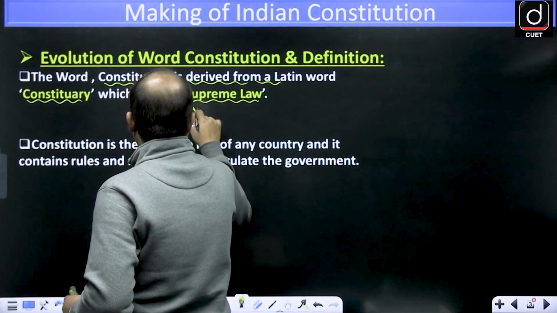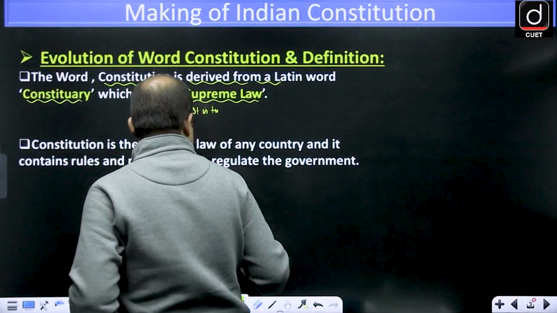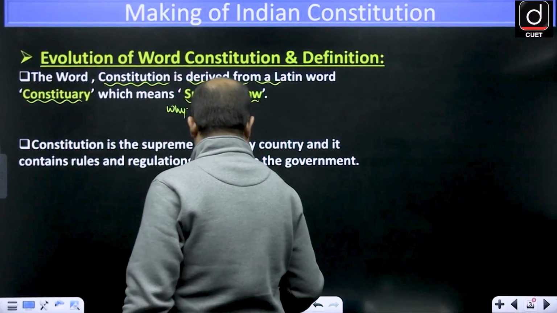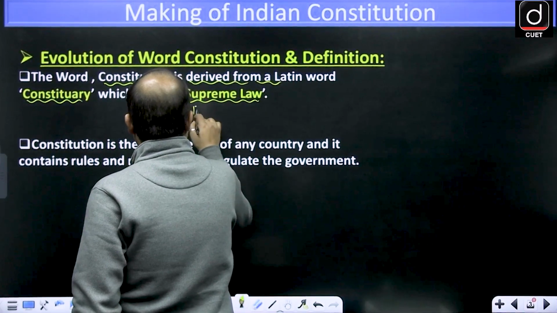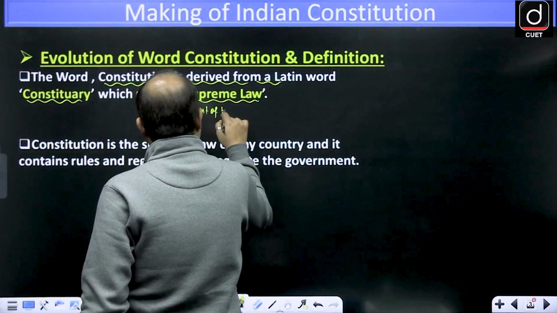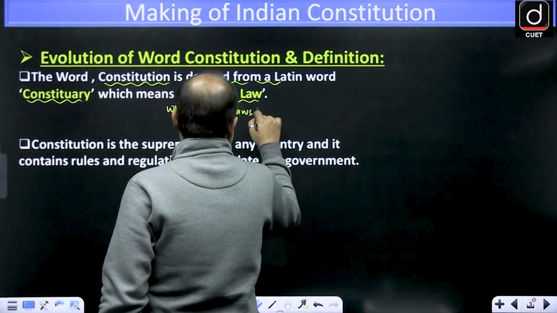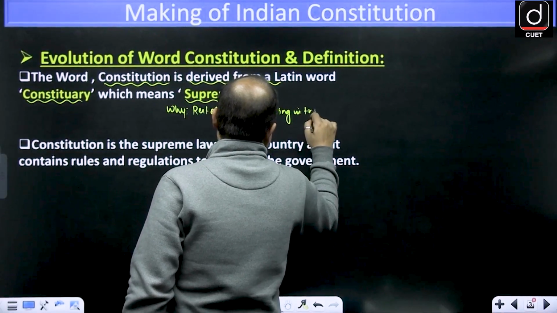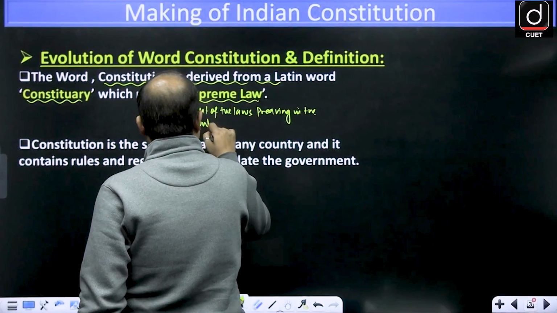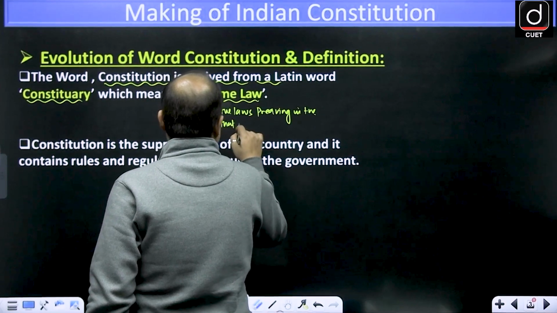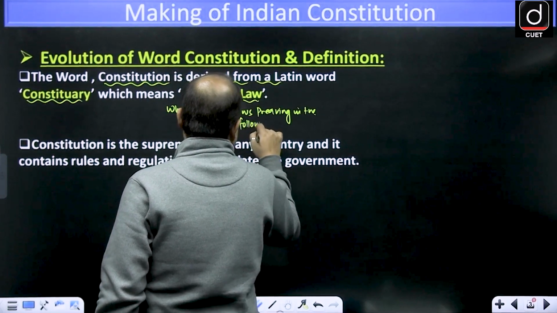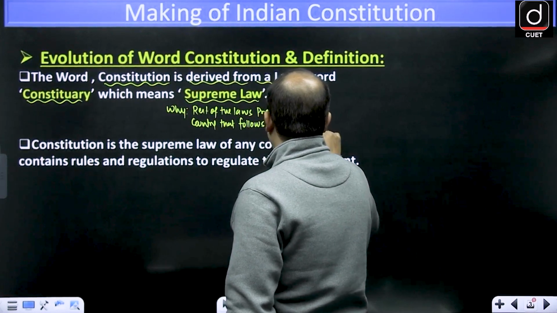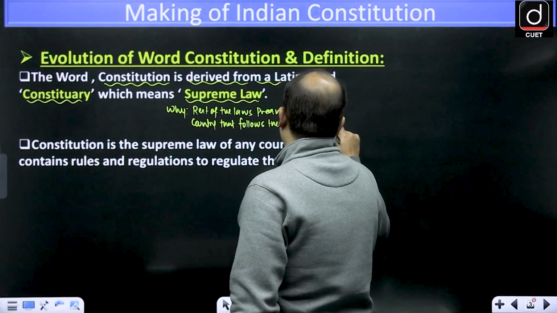Because the rest of the laws which are prevailing in the country follow the constitution. That means those laws do not go against the constitution.